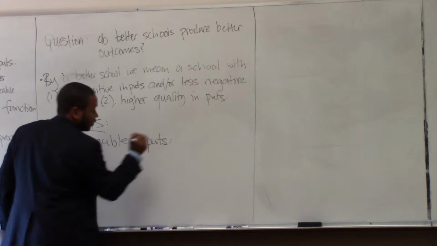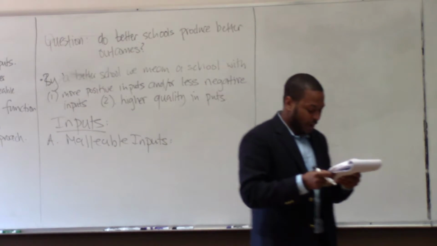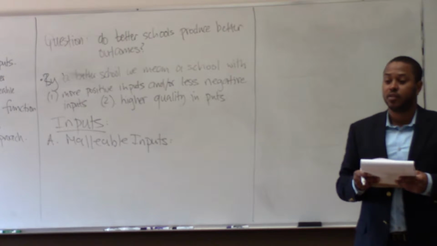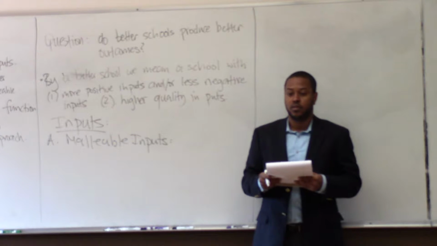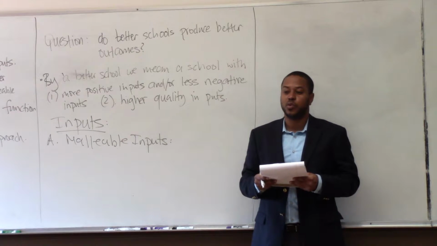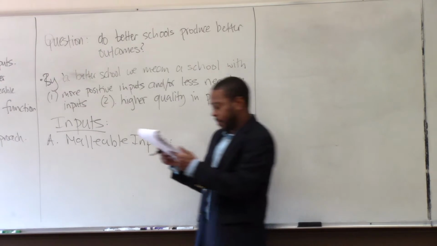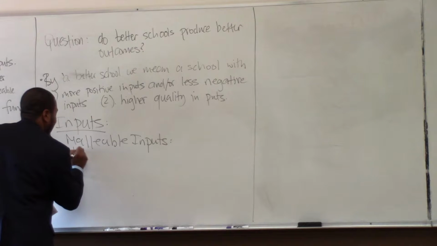What does malleable mean? Changeable. Changeable, okay, good. So what is an example of malleable inputs at the school level? Things that you can change about school. Yep. So an example could be teacher characteristics, and that's actually the first one.